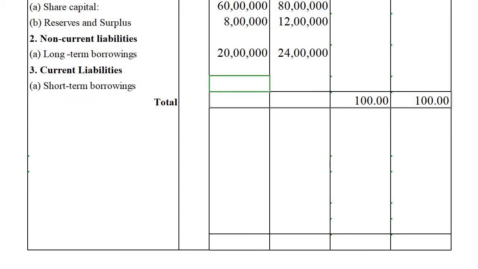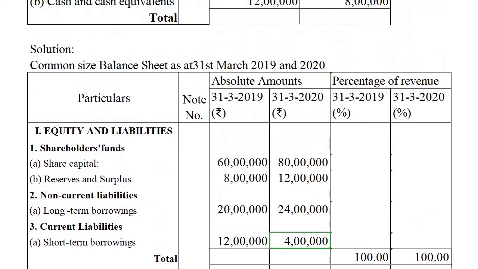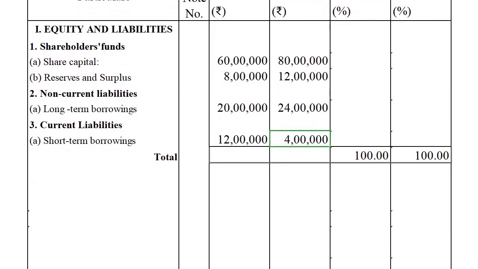For the previous year 12 lakh and for the current year 4 lakh. Now we can total both the previous year amount and current year amount. So here it is 1 crore and here 1 crore 20 lakh.